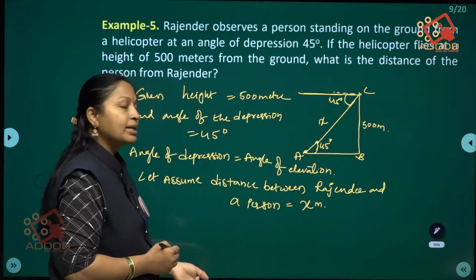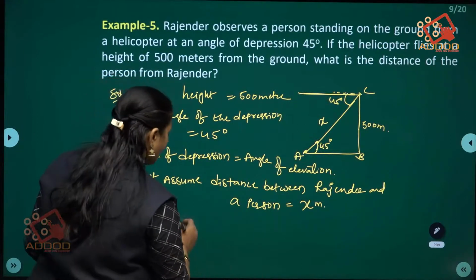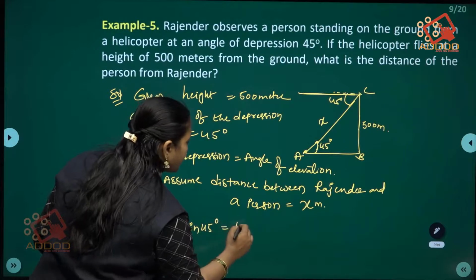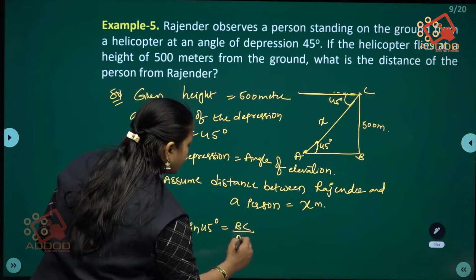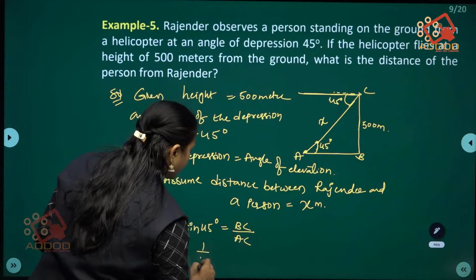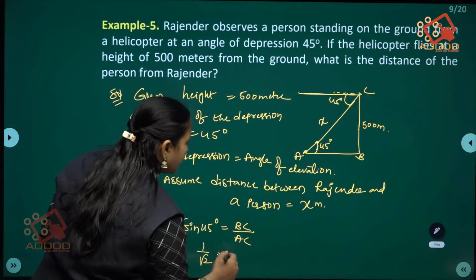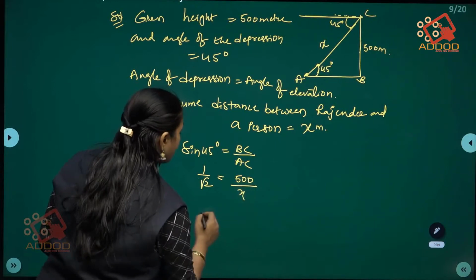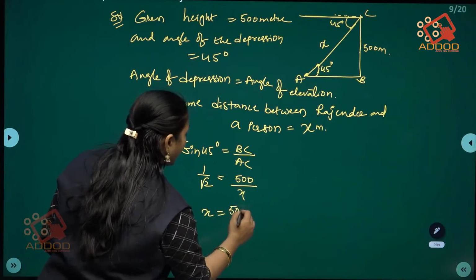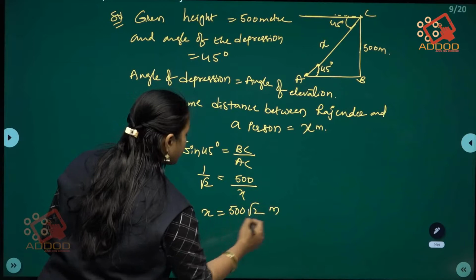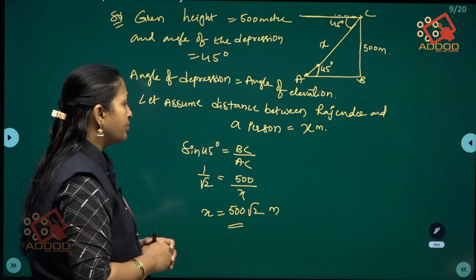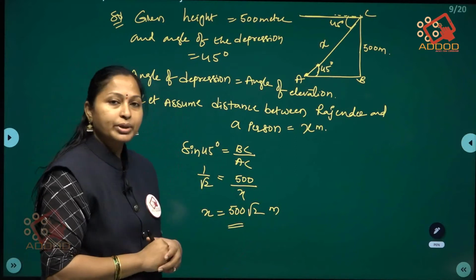It is nothing but sine theta. Now sine 45 is equal to BC by AC. Sine 45 is 1 by root 2, BC is 500, AC is x. X is equal to 500 root 2 meters. Now distance between the Rajendra and a person is 500 root 2 meters.